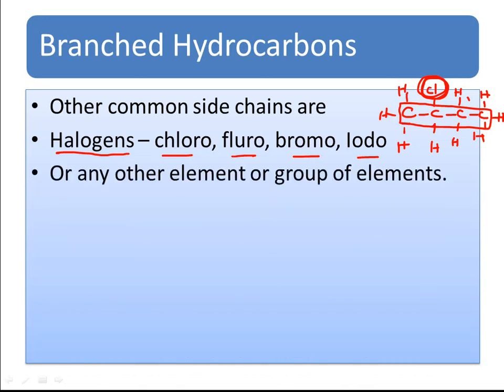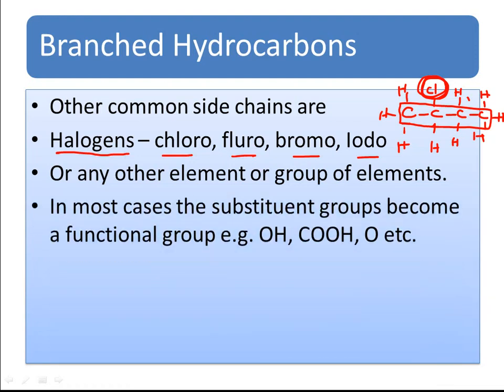Right, these are the common ones we're going to be coming across as we work through this syllabus. There could be other groups, like NO2, which becomes nitro. Okay, this is named as nitro. It's another one I need to add on there. But in most cases, let's say I've got an OH group here, which has taken the place of hydrogen in this chain.